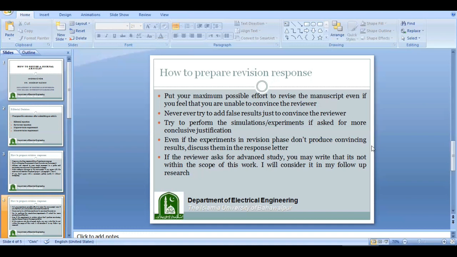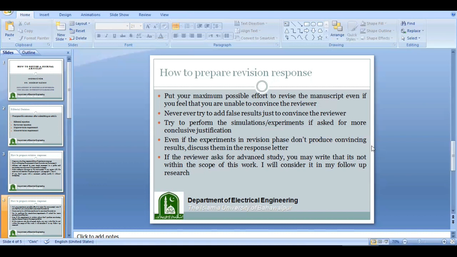So just put those results in your response letter and discuss them, and tell the reviewer that since these results are not according to what I have presented in my paper, I refrained from adding them to my manuscript.